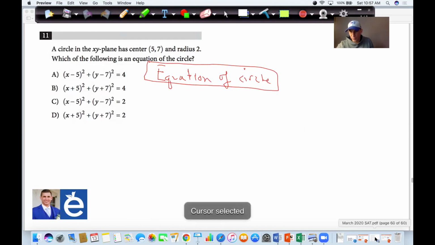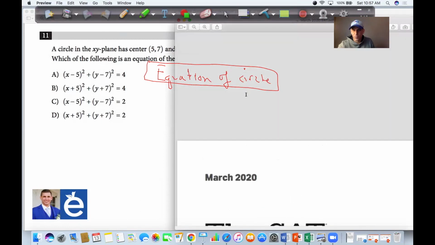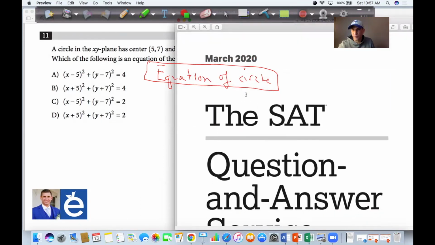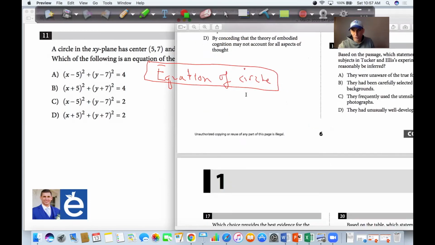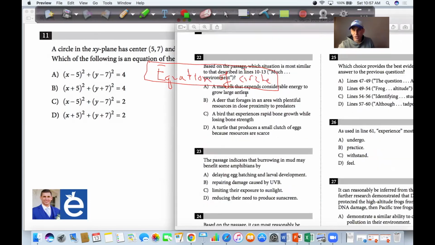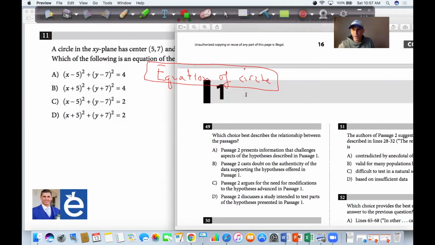Here's the March 20 test. One of the reasons I'm showing you this is that when you actually get your test booklet on the day of the test, you're going to be given a reference section for the mathematics.